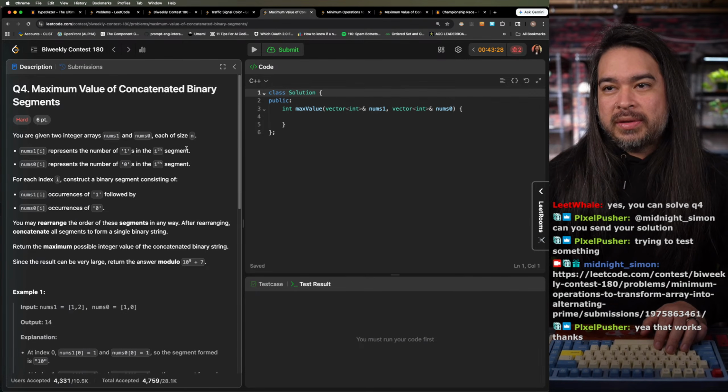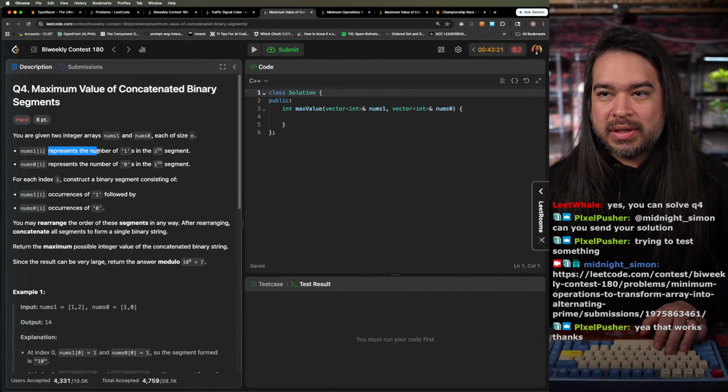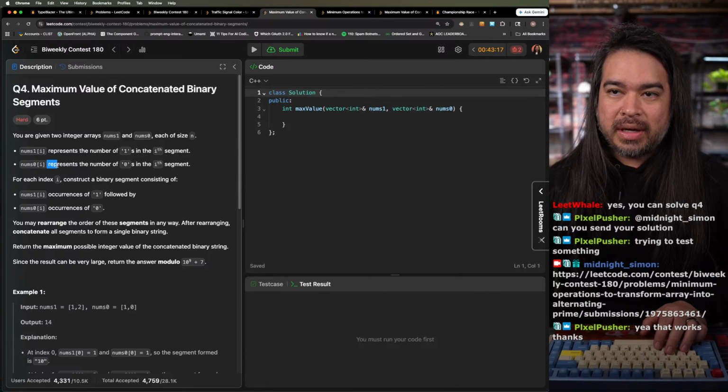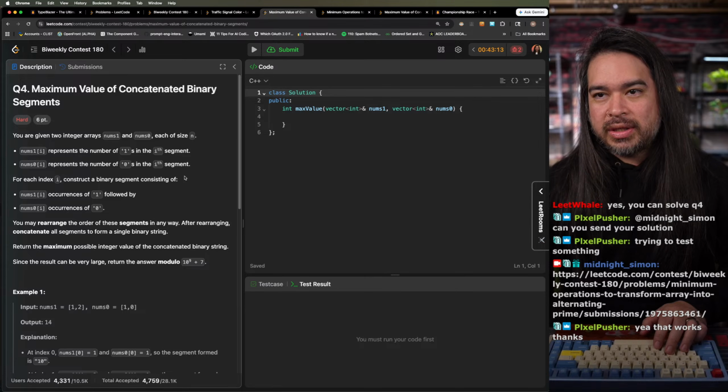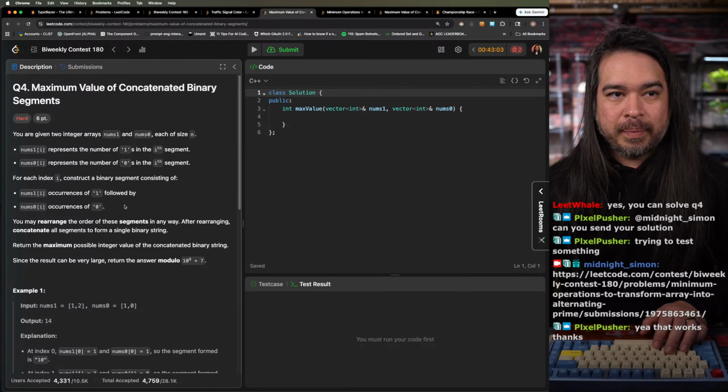You're given 2 integer arrays, nums1 and num0, each of size n. nums1[i] represents the number of ones in the ith segment. num0[i] represents the number of zeros in the ith segment. For each index i, construct a binary segment consisting of nums1[i] occurrences of ones followed by num0[i] occurrences of zeros.